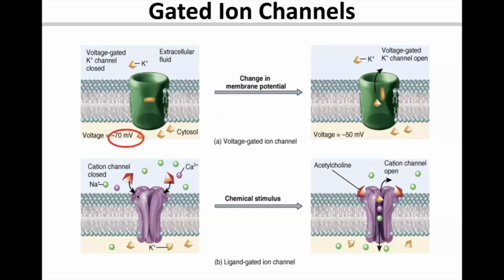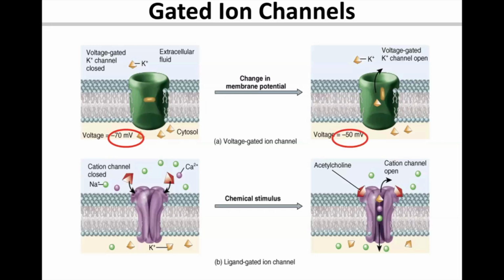And in here, there are gates which will open and close according to sodium ion availability. Whenever there is any change in membrane potential, potassium always tends to go from inside to outside, and sodium tends to come from outside to inside, and we will learn more about it.